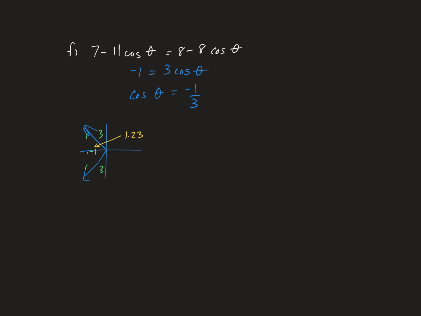That we can go through then and say, therefore, theta in the second quadrant is pi minus my 1.23 rads, or in the third quadrant, it's pi plus 1.23.